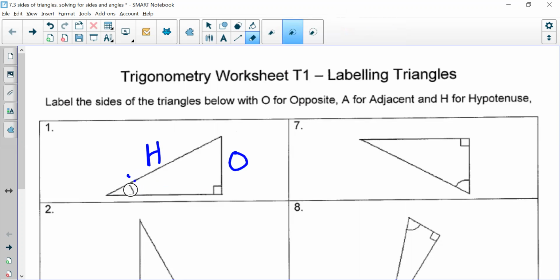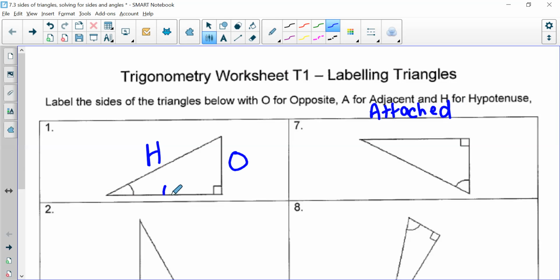My third side is the adjacent. When you think about adjacent, I want you to think about the word attached. So A could be adjacent, or think about it as attached. It needs to be attached to my angle. So by default, it has to be my bottom one, but how would I know it's my bottom side length there? Can you see that it's attached to my angle where my eyeball is?